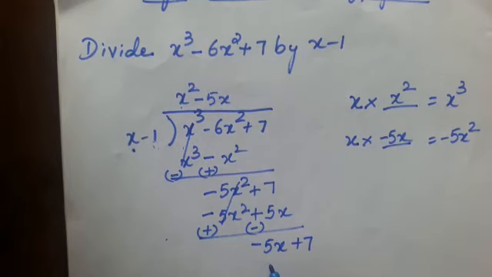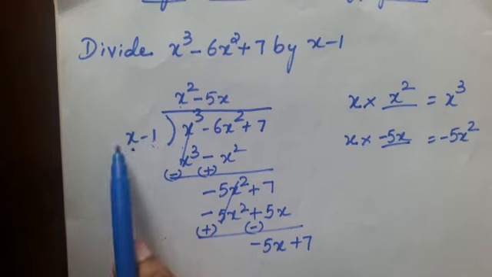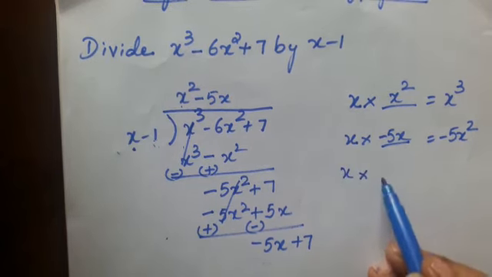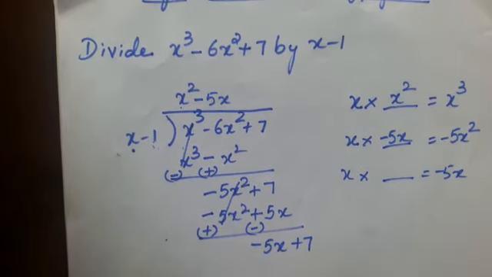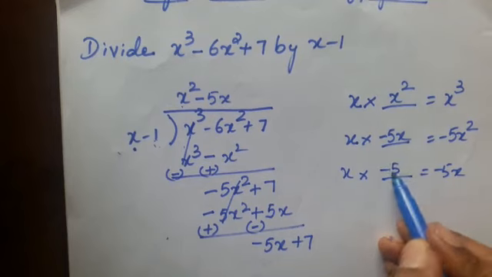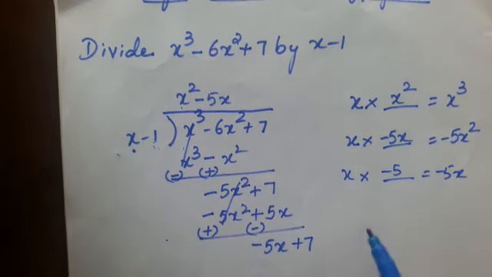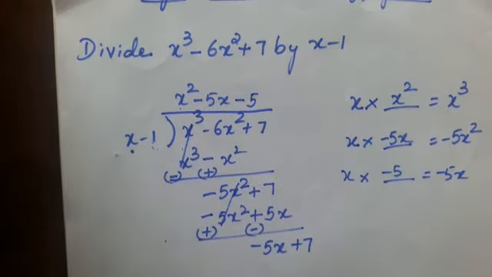Next, again we have to check this first term and this first term, and we have to make them equal. For this x, what we have to multiply so that we should get minus 5x? So minus 5 we have to multiply for this x so that we will get minus 5x. So now I am going to multiply this by minus 5.